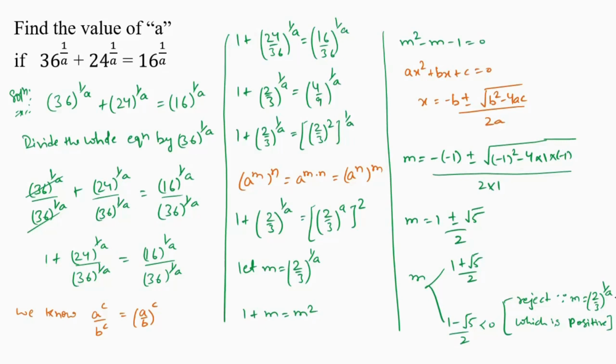So we will ignore this value. So we have one value of m, which is (1 plus root 5) divided by 2, and also is equal to (2 by 3) raised to power 1 by a.